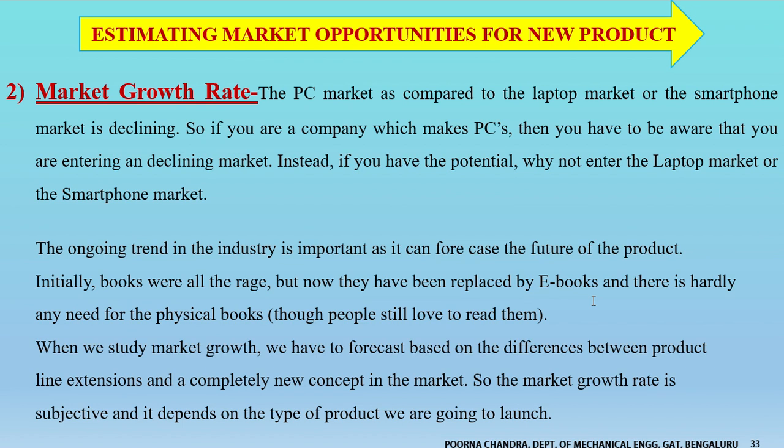So if you are a company which makes personal computers, then you have to be aware that you are entering a declining market. So first we need to study the product growth in the market. Instead, if you have the potential, why not enter the laptop market or smartphone market? That's how we need to estimate the market first.